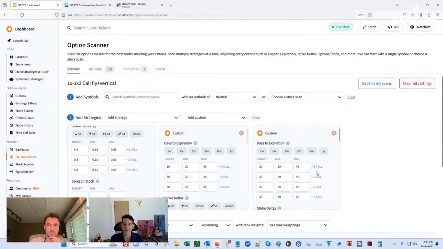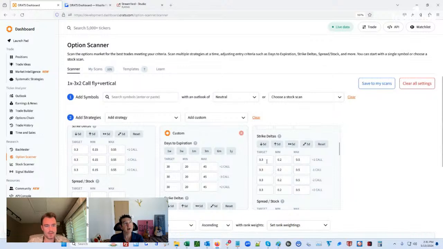So we'll add that. And then the deltas on that, this is the highest delta, 30. This is the next highest. This is pretty close, like 25. And then you're selling like a 15 and buying a 5. And then you just set these around what you're looking for here.